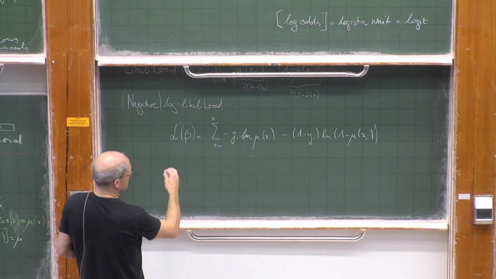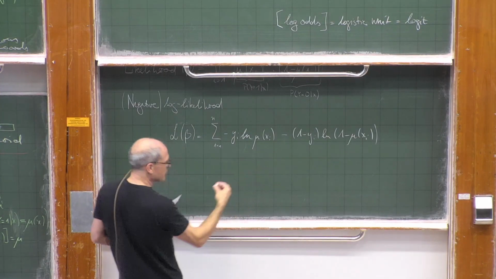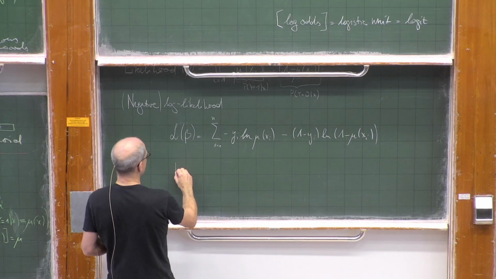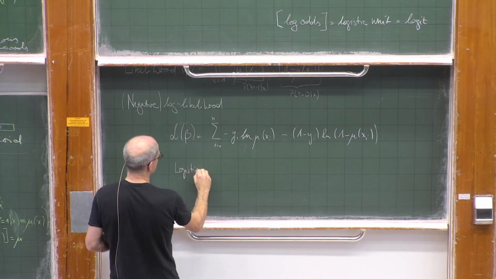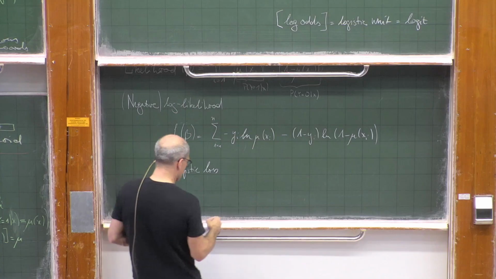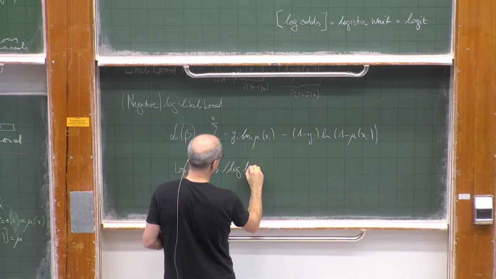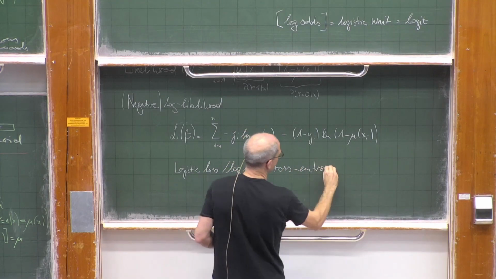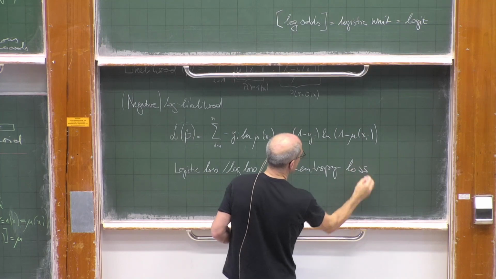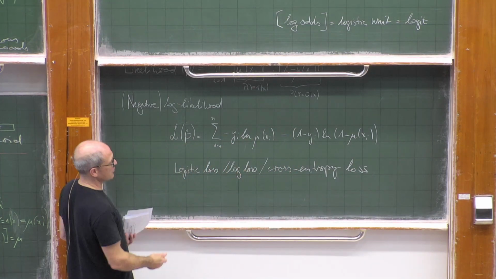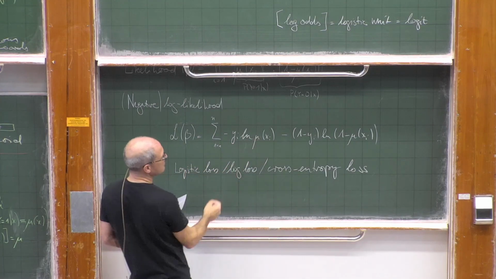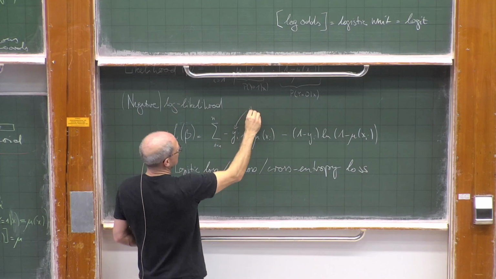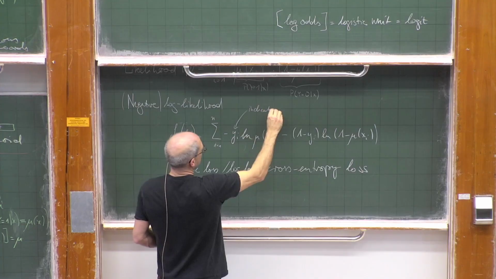And this thing, depending on what lectures you have followed already, you have implemented this already. This is in fact the logistic loss, or the log loss, or the cross-entropy loss. If you remember entropy, entropy was the summation of minus p ln p. And here we don't have the same distribution, but here we have the indicator for the true class.